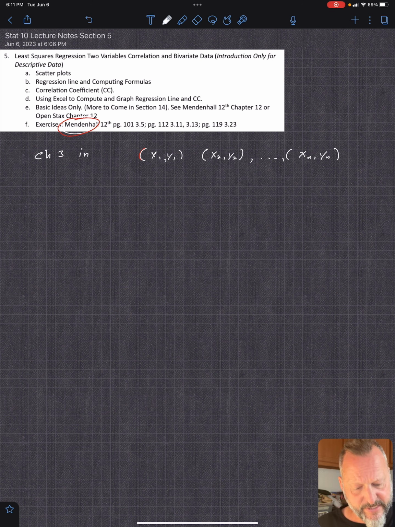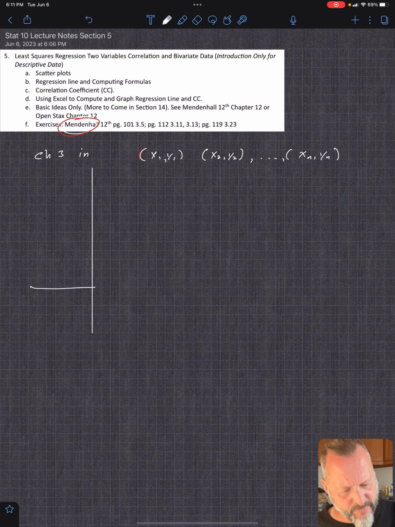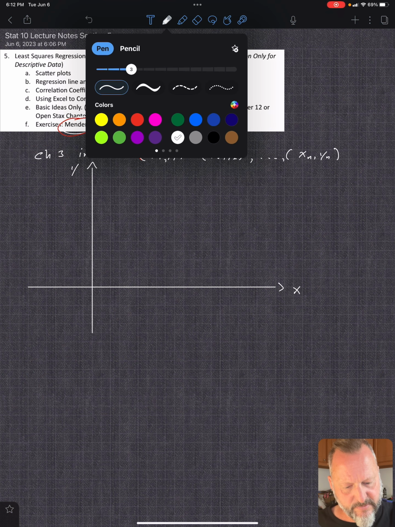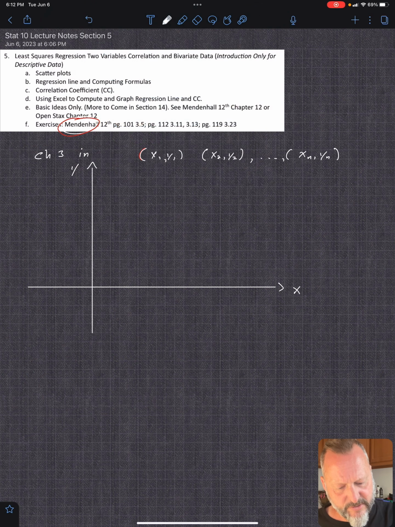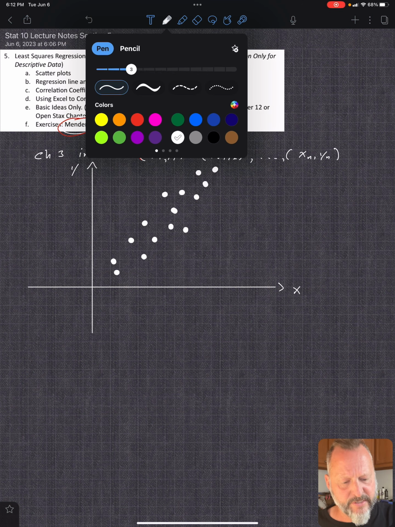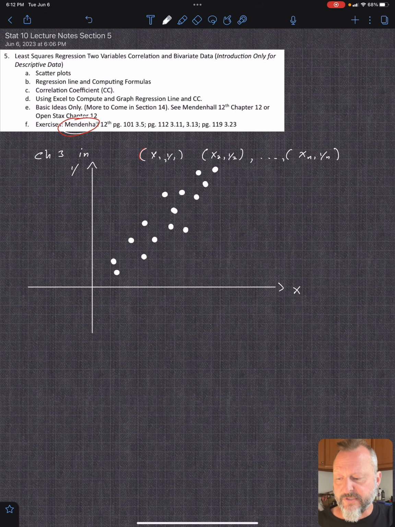Suppose you have a bunch of data points, and you can graph those data points on a number line, so x, y. Suppose you have a bunch of these data points that look like that. What you can do is take the actual values of each of those, and you do this process called least squares regression.